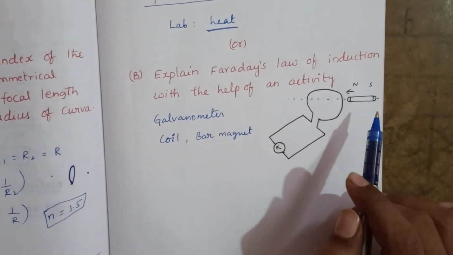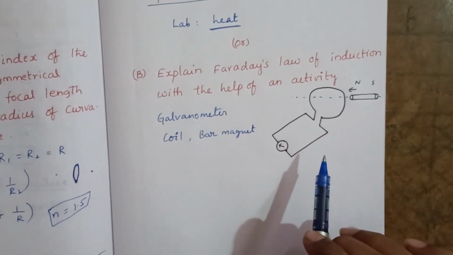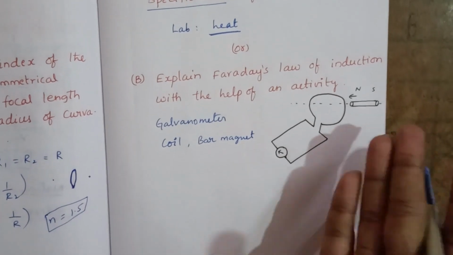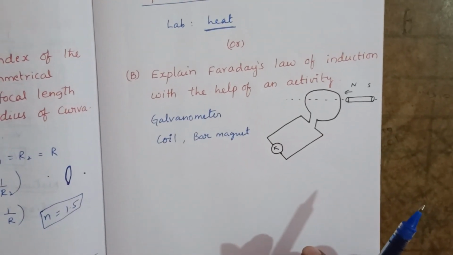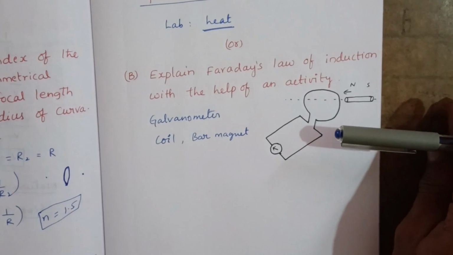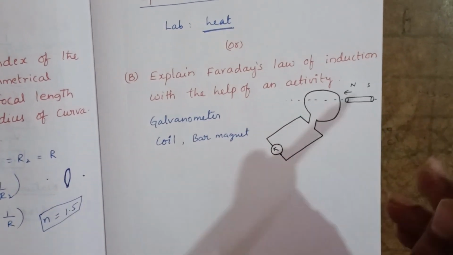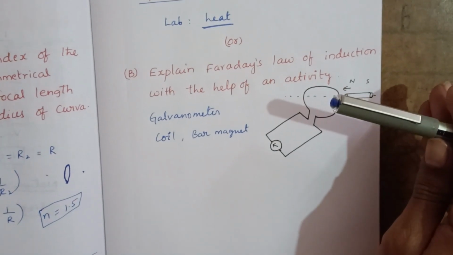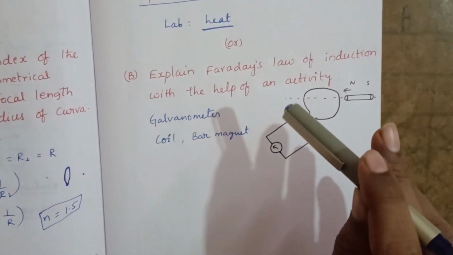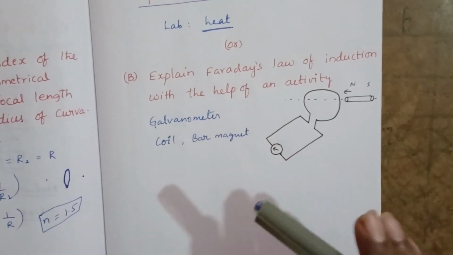Current will be generated, but opposite to the previous case. That means with the north pole moving inside and the south pole moving inside, the current generated is opposite.